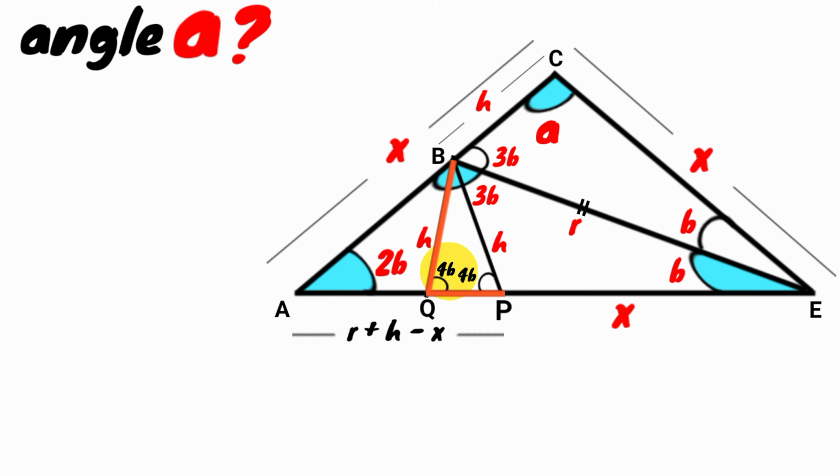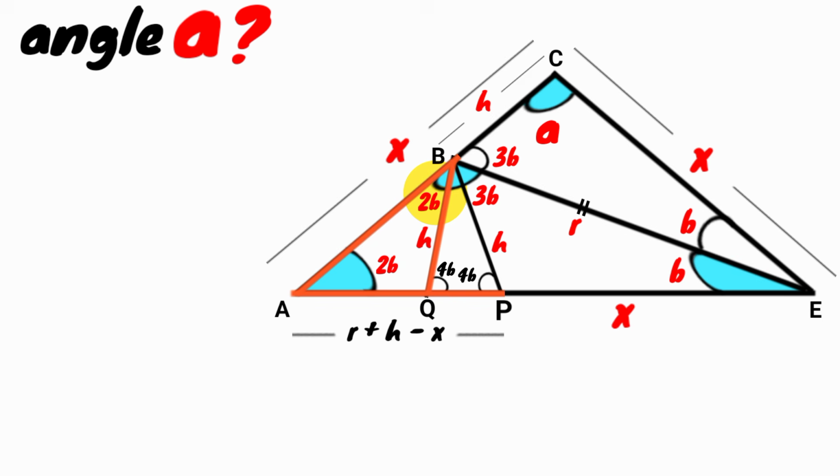We look at this angle as well. It is also an exterior angle of this triangle. So its size will be equal to the summation of this 2B and this. Since it is 4B and this is 2B, this must be 4B minus 2B, which is 2B.